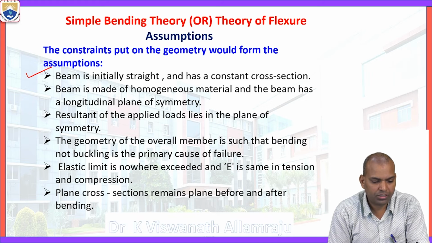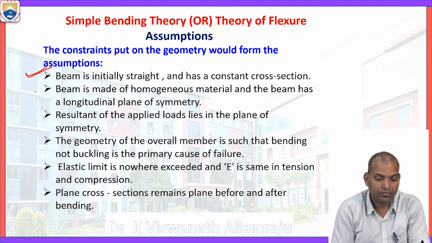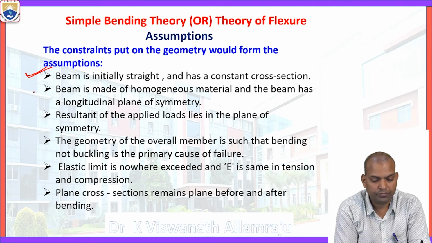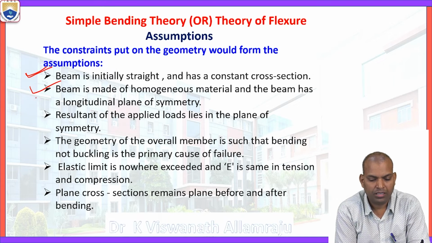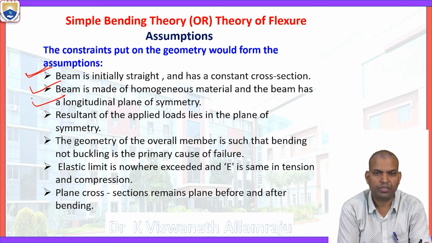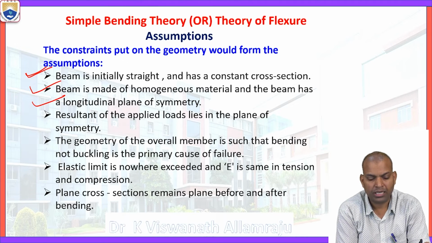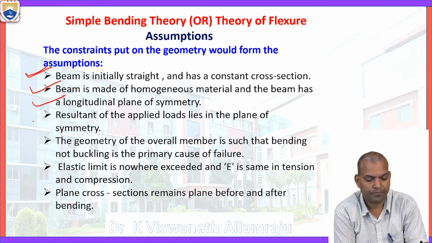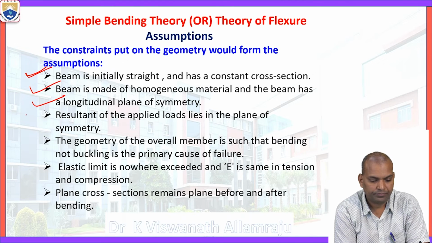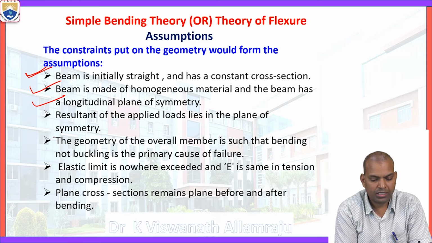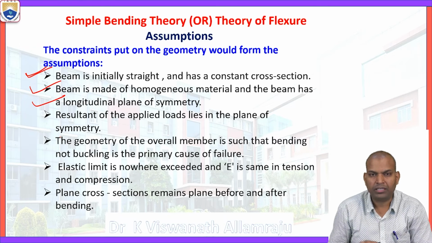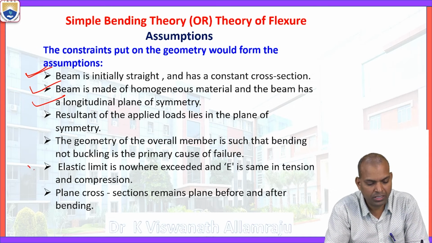That is the first assumption. The second assumption is that the beam is made of homogeneous material and also has a longitudinal plane of symmetry. It should be symmetrical. And the third one is that the beam should function within the elastic limit.